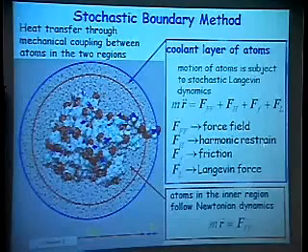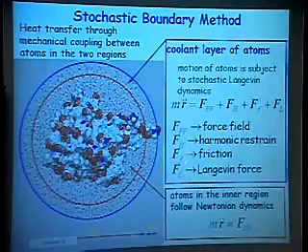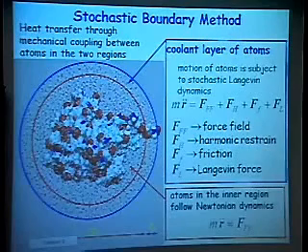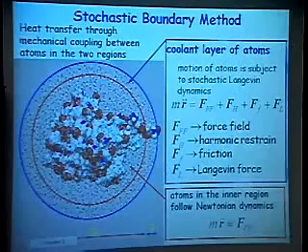And the role of the harmonic restraint, again, is to keep the atoms there. So that is the purpose of these three forces. These two will keep the temperature of this region fixed, on average, at 200 K, and the harmonic restraint will keep the atoms there and prevent them from moving into the inner region.